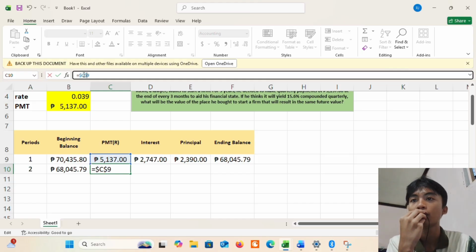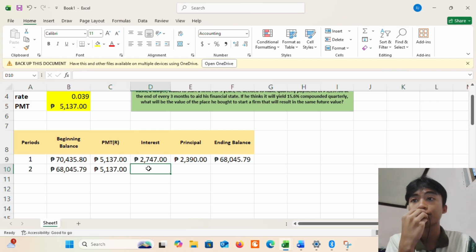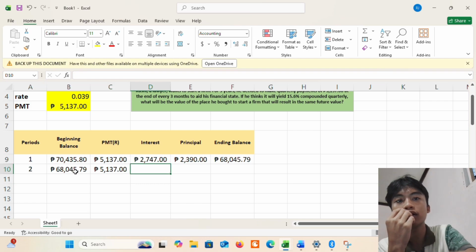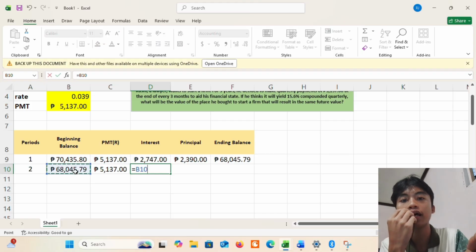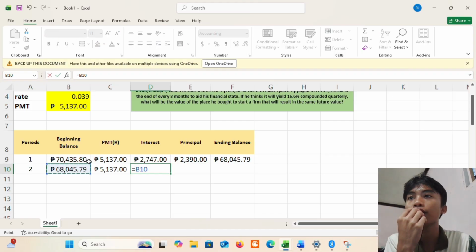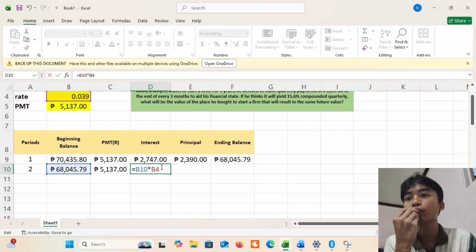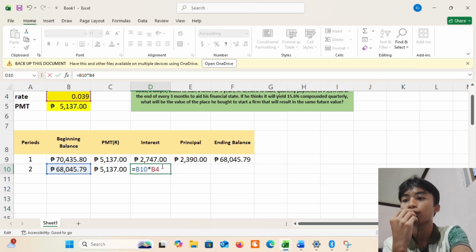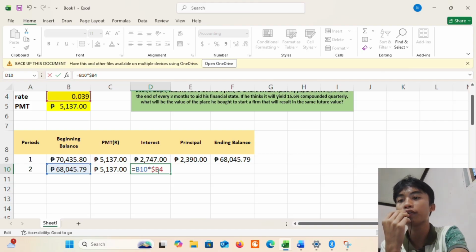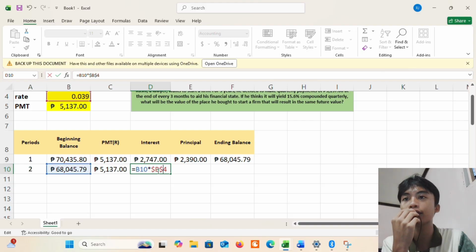Then enter. So for the interest, let's have the new beginning balance multiplied by the rate. But to fully create our amortization schedule table, let's put a dollar sign before the B and before the 4. Then enter.